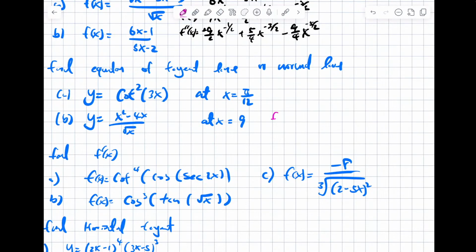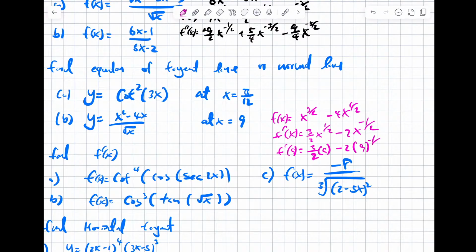So see, this is how fast I do this problem. This is x to the 3/2 minus 4x to the 1/2. F prime of x equals 3/2 x to the 1/2 minus 2x to the -1/2. I'm gonna plug in 9, so that's 3/2 times 9 to the 1/2 minus 2 times 9 to the -1/2.